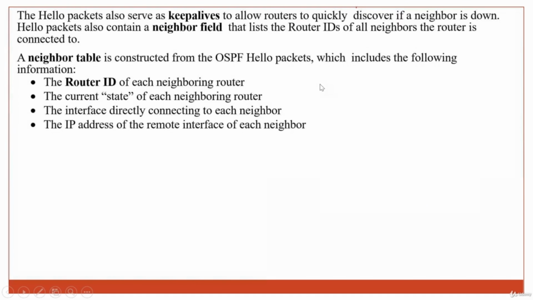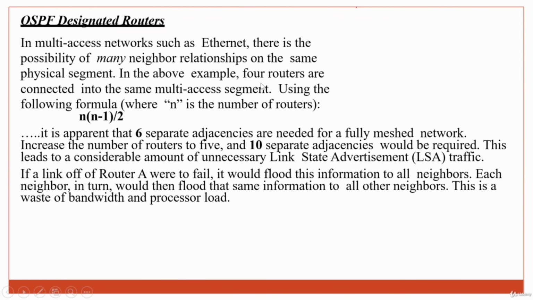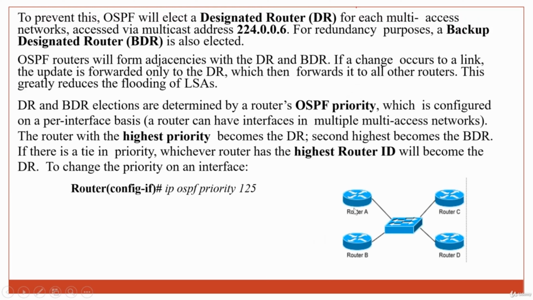Once they have a router ID, then they are going to do the DR/BDR selection, and this selection will happen only in the broadcast network. So in the diagram, if we have routers A, B, C, D connected with a shared network or broadcast network, at that time they will select the DR and BDR.